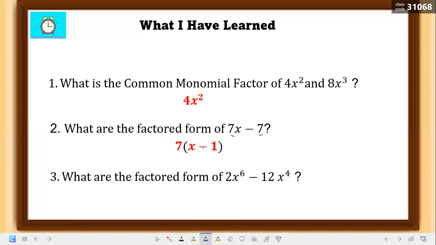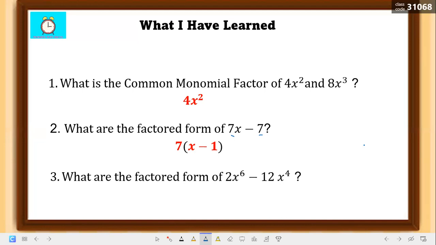What is the factored form of 2x raised to 6 minus 12x raised to 4? Yes, Raven. 2x raised to 4 po, then parenthesis 2x squared minus 6 po. Again, yung nasa labas, 2x raised to 4.